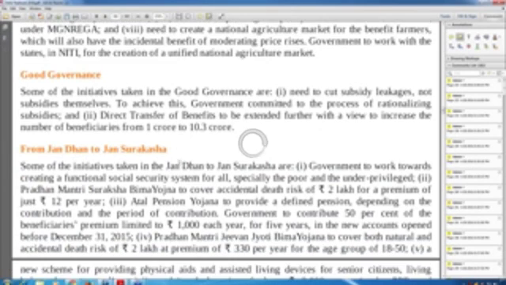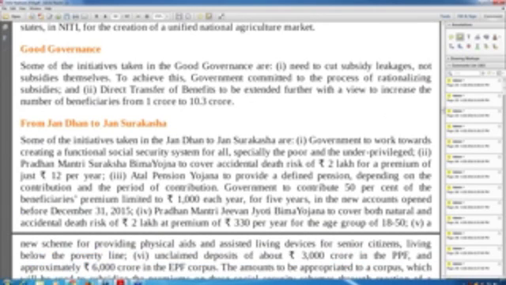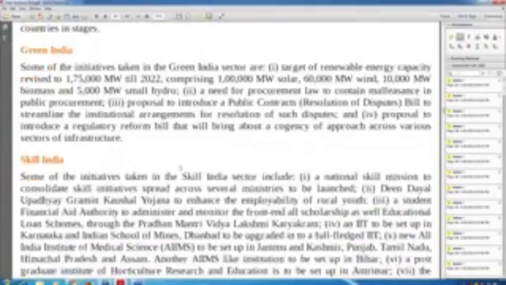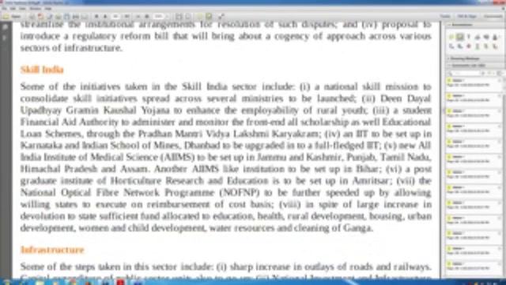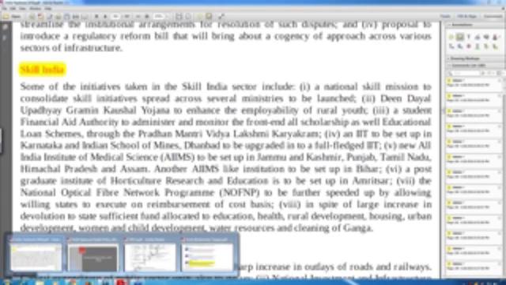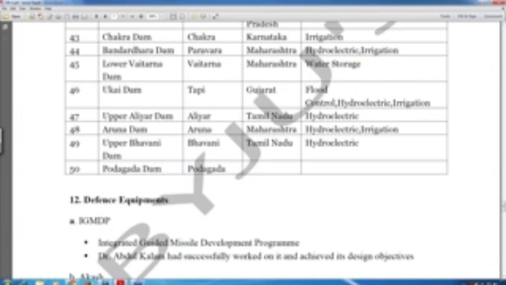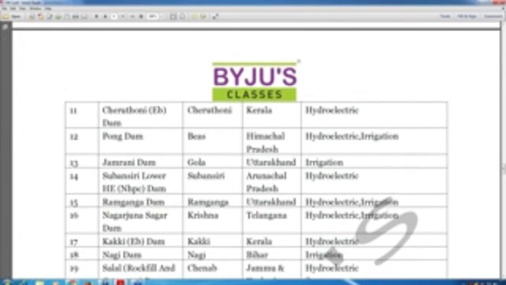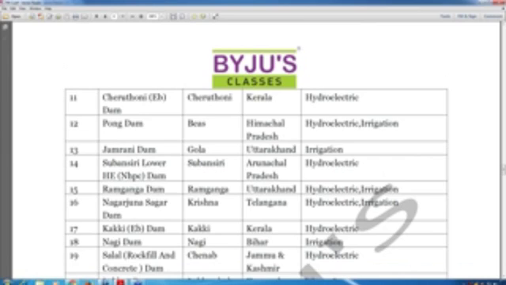Apart from this, please see page 348, where you have the concept of Skill India, right? Skill India. So for this, see the notes provided to you. Again, I will be taking Skill India in detail.